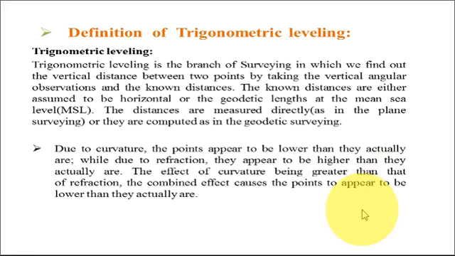So it is because of the effect of the curvature. That means we have to consider the curve of the earth, and because of that curvature, the object appears lower than it actually is, while due to the refraction, the object appears higher than it actually is.